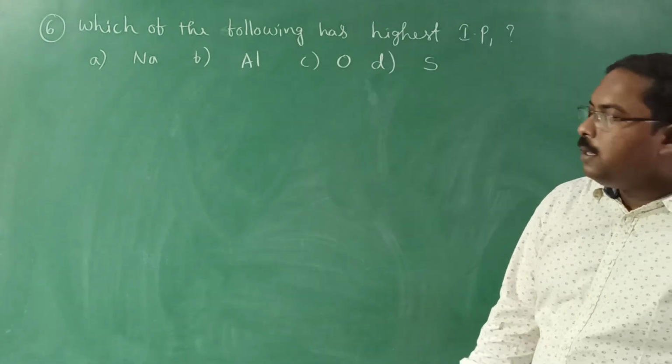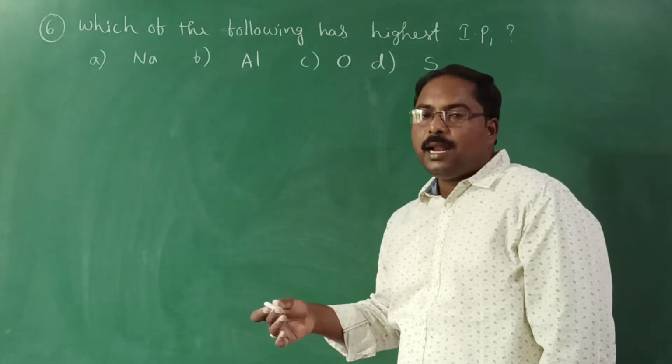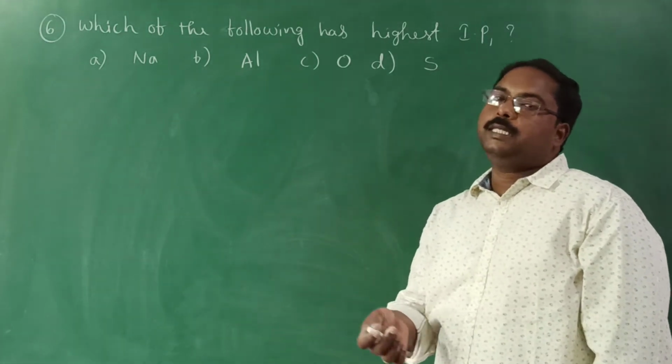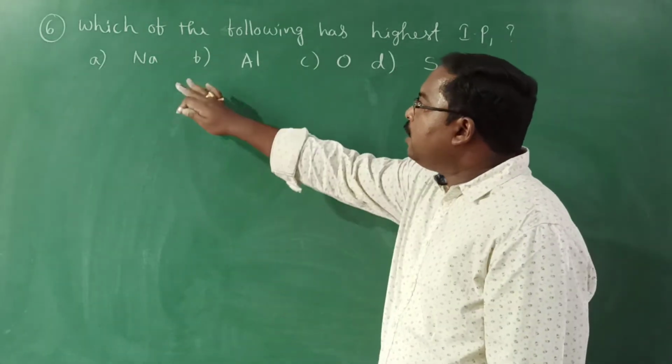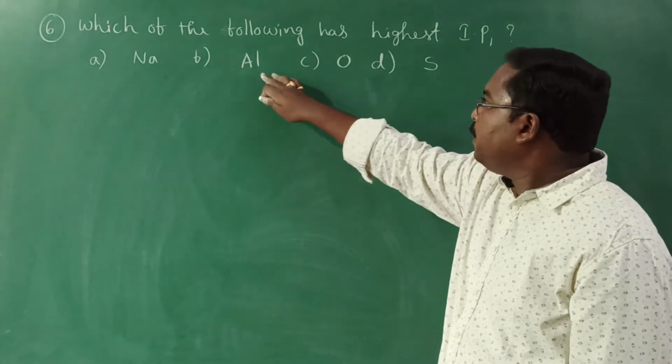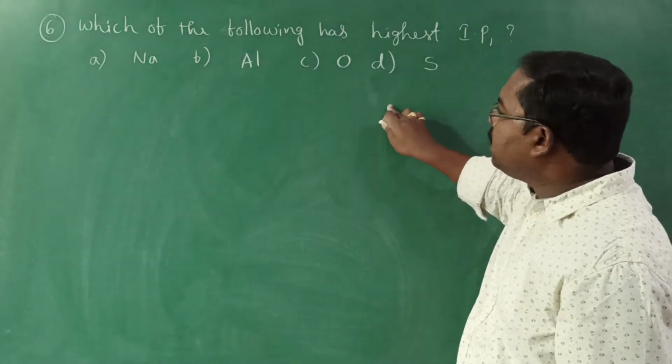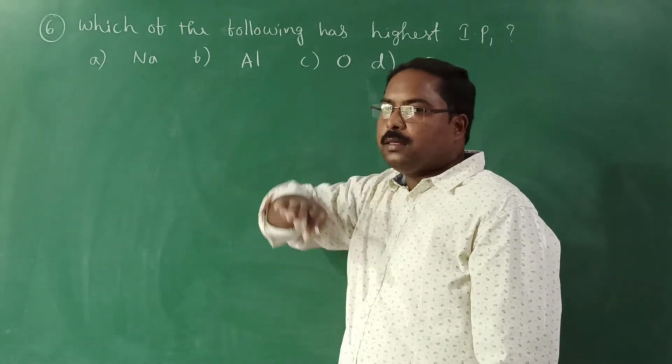Regarding these types of questions, we discussed already how the ionization potential varies in groups and periods. Here sodium, aluminium, and sulfur all belong to the third period.